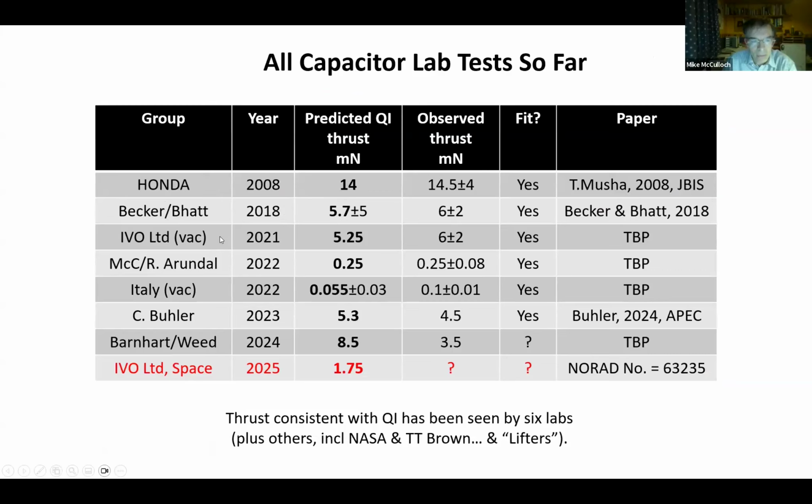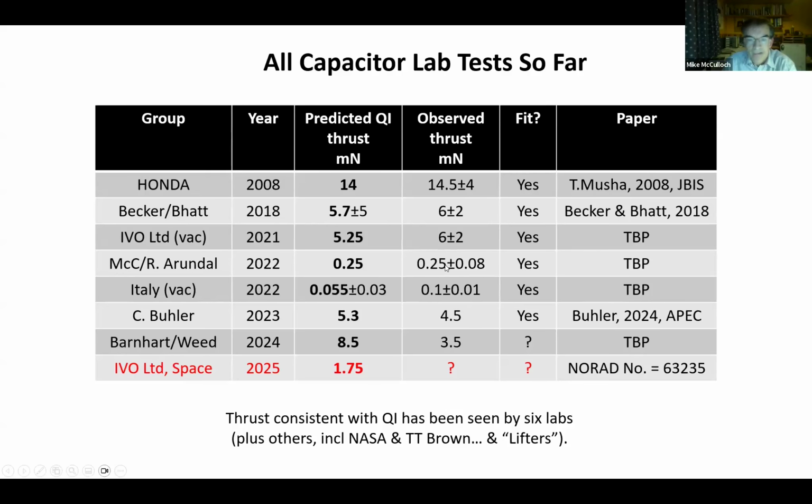Then an American company called Ivo in Virginia, they tried it in a vacuum because some people said it might be ion drift or something. So they tried it in a vacuum, and they saw 6 millinewtons again, and I predicted 5.25. And then we tried it in Plymouth as well. I tried it with an engineer, Richard Arundel, in 2022, and we got agreement as well.